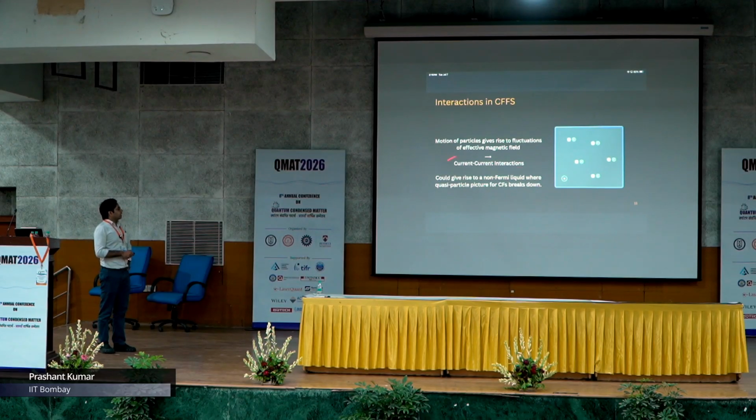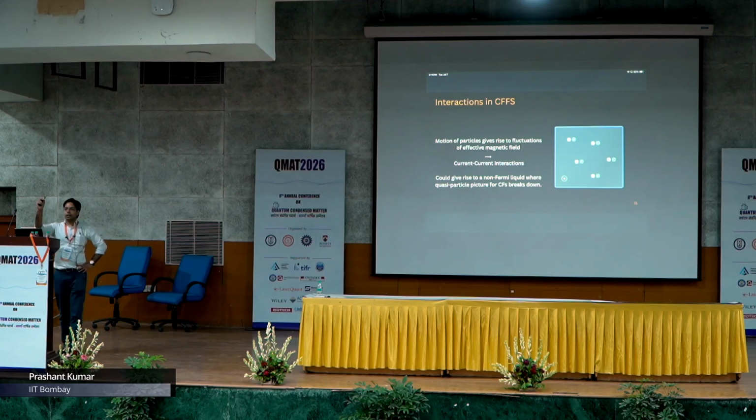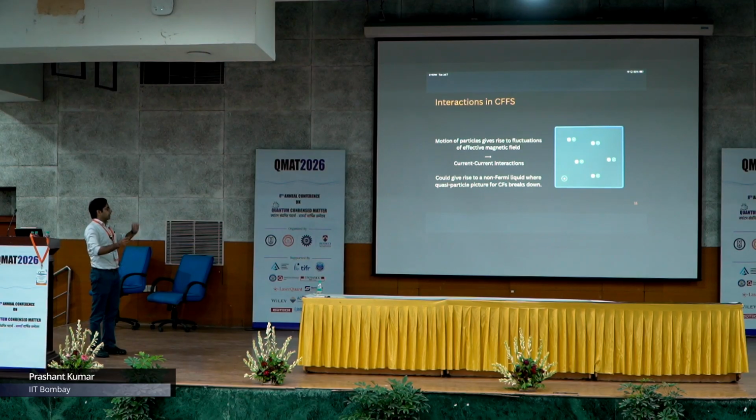And this is the current interaction, which is also long ranged in nature, which has been proposed to give rise to non-Fermi liquid, where the quasi-particle picture will break down. So if you put a composite fermion near the Fermi surface, it is going to decay very quickly into collective excitations. It is not going to remain as a good quasi-particle.